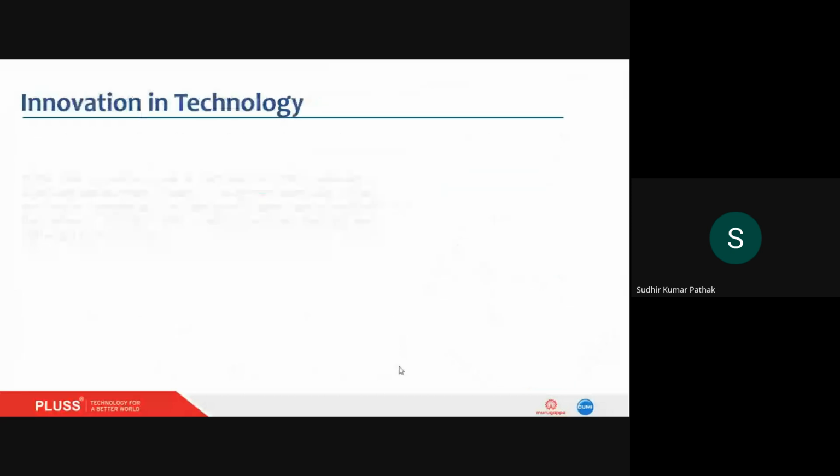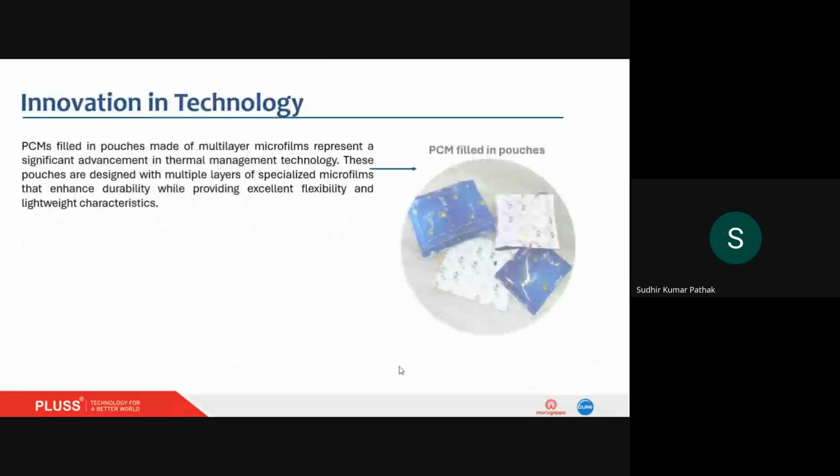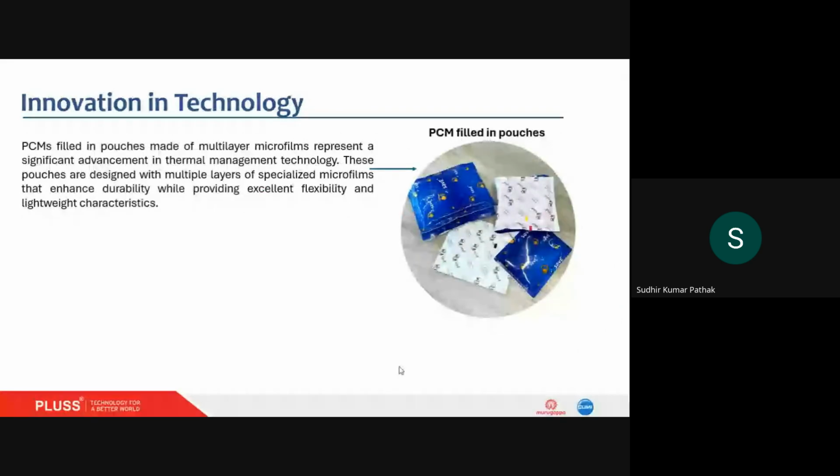So, what are the innovations in technology we have observed? If we fill the PCM in pouches, it gives us the flexibility to integrate it in refrigeration systems like chest freezers or cold rooms, and it also gives strength, durability, flexibility and lightweight characteristics.